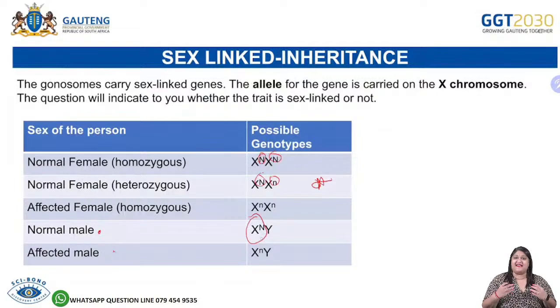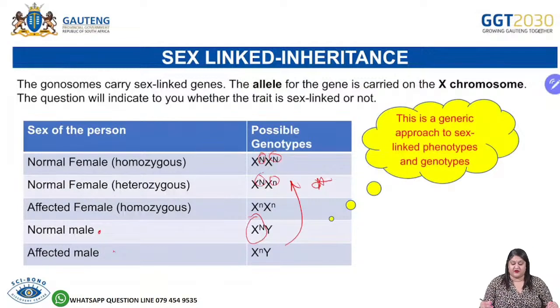But if he inherited the small n, the recessive allele, then the recessive trait will be depicted in his phenotype. In a male the recessive trait shows with one allele, whereas a female would need two.